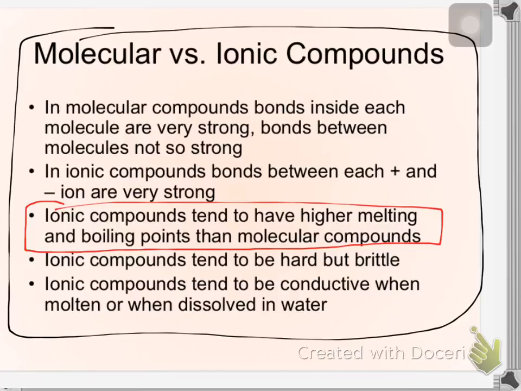Well, and experimentally, has what you've seen so far done anything to make you think that they wouldn't be bonded ionically? No, you couldn't melt them at lab temperatures. So based on this information, that would tend to support the hypothesis that these things have an ionic bond. Ionic compounds tend to be really hard, but they tend to be brittle.